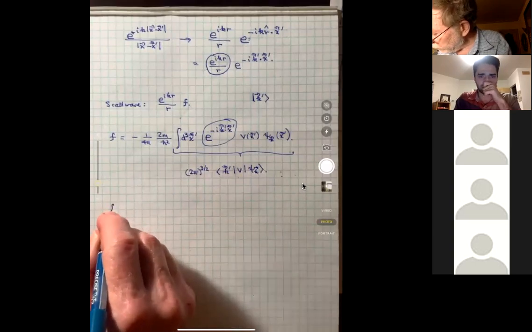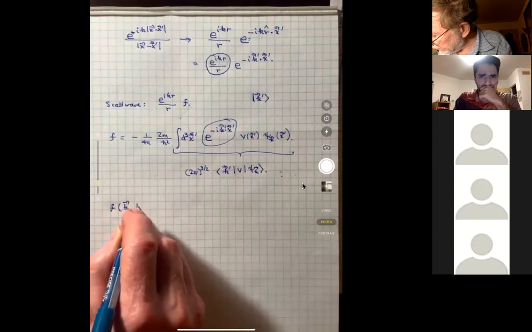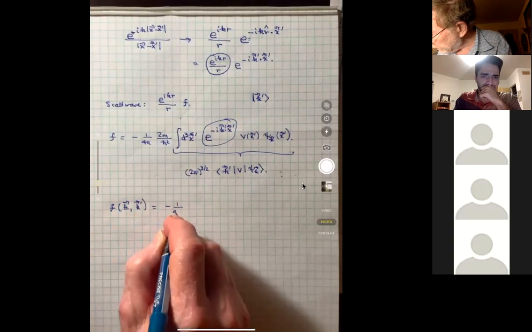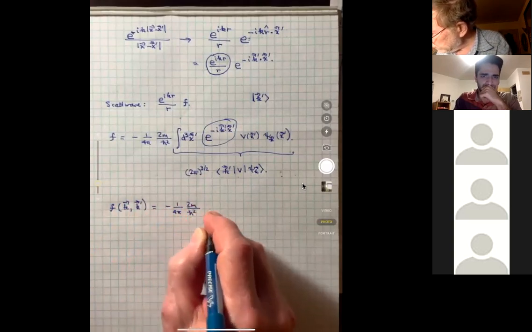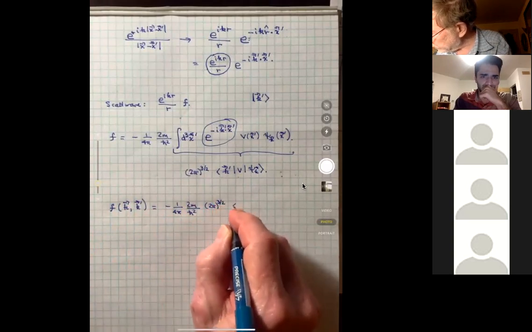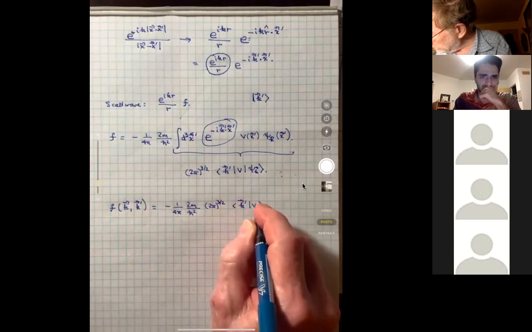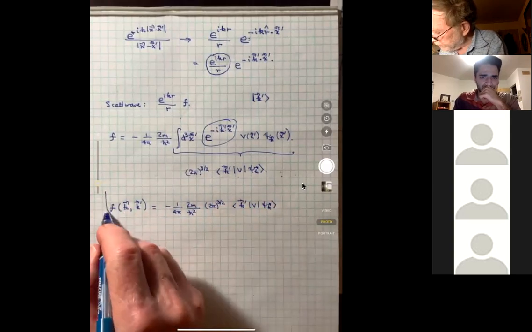So we get an interesting formula: the scattering amplitude f of k comma k prime is equal to minus 1 over 4 pi, 2m over h bar squared, 2 pi to the 3 halves, a bunch of 2 pi factors, and the main thing is the matrix element k prime V psi of k scalar product. Let me box that.